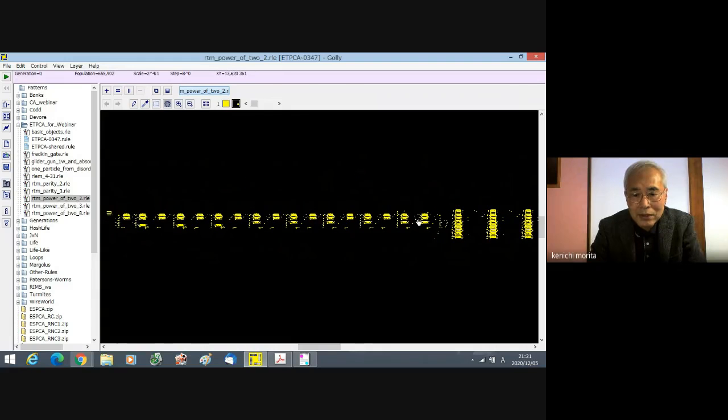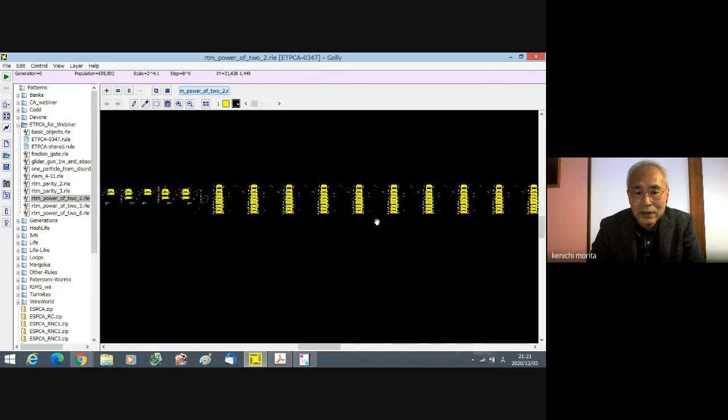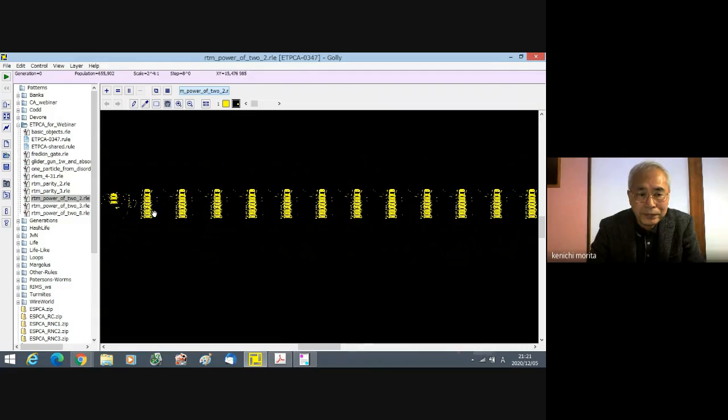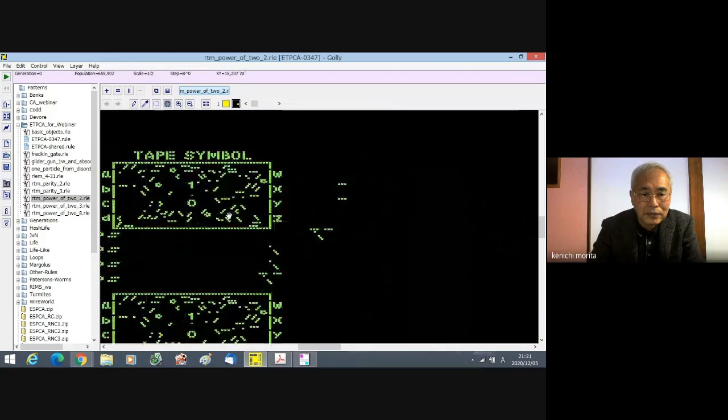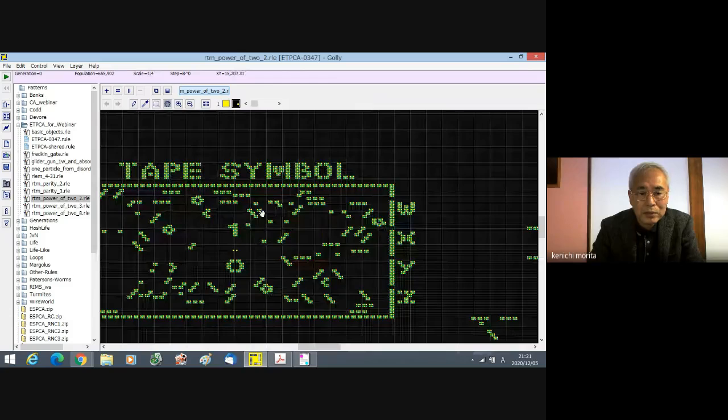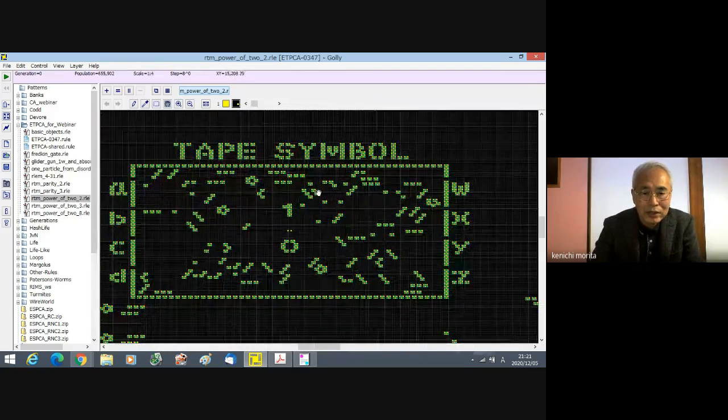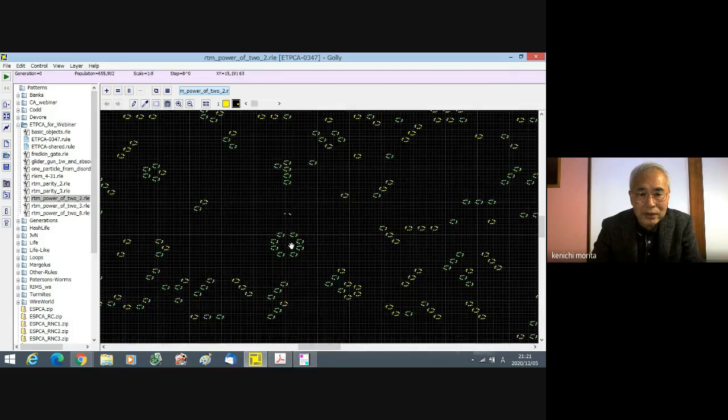On the left side, there is a finite state control. On the right side, a tape unit is attached. Tape symbols are stored in this RRAM.